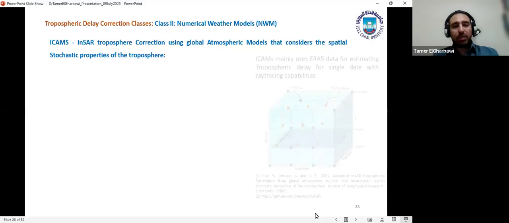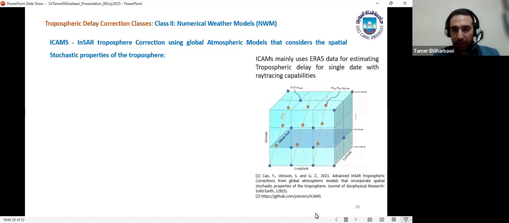So for the ICAMS, this is actually quite interesting, because this software actually used the 3D model of the atmospheric delay in latitude, longitude, and elevation, and just uses an interpolation to follow, or ray trace, the InSAR signal in order to get an accurate estimation.